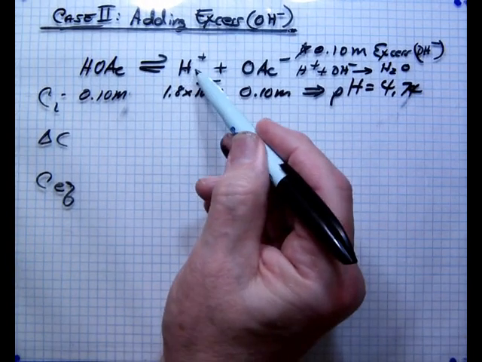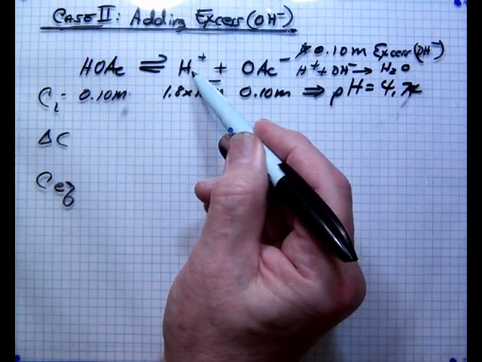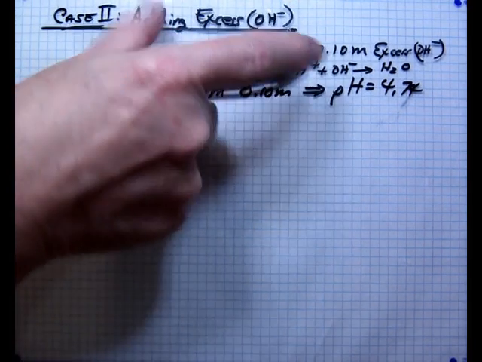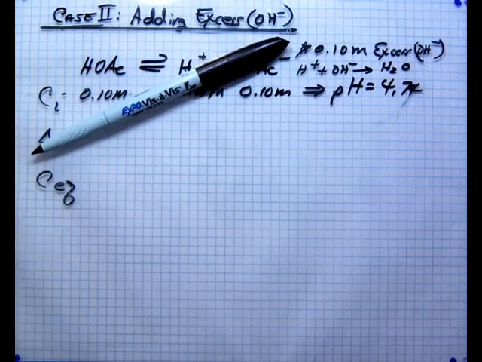And so if this is the one that's taken down, the seesaw is going to tilt to the left, and it's going to have to shift to the right by decomposition of the acetic acid to make more hydrogen to continue to react with the OH and ultimately remove all the excess and reestablish a new equilibrium.